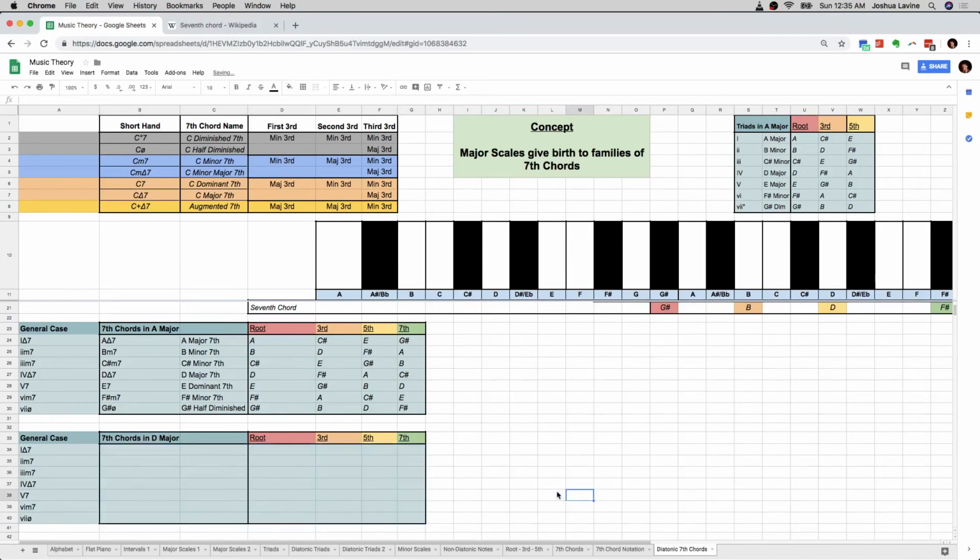So I'm going to close the video, and here we have seen that major scales give birth to families of 7th chords, just like major scales give birth to families of triads. And we have a general formula for figuring out what quality of 7th chords correspond to each scale degree in any major key. And here it is, the general case. So off you go. Your homework now is to figure out all the 7th chords in D major.